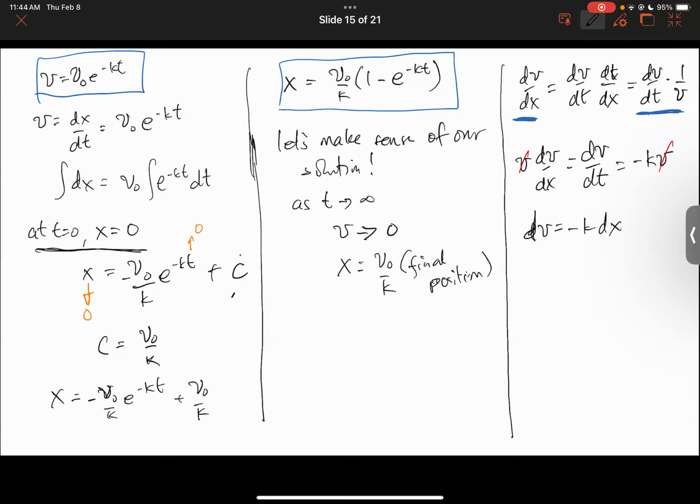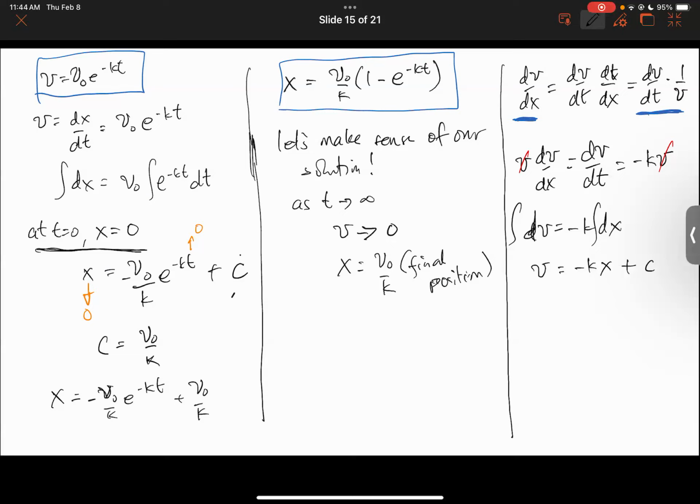Okay, integrate natin yan and we use the initial conditions: at t equals 0, x equals 0, and at t equals 0, v is equal to v naught. Okay, so ang makukuha natin dito is v is equal to minus kx plus some constant c.